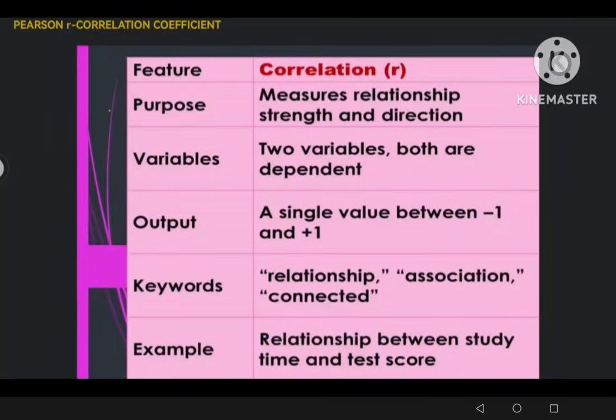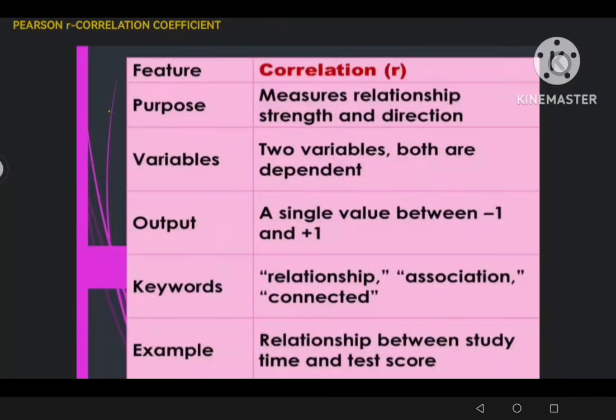Okay, so we're going to use formulas here later, and it's variable. There are two variables. Both are dependent. So we are using dependent variables here. Again, it's something like a relationship of a boy and a girl. They are dependent on each other. They love each other. They are loyal to each other.